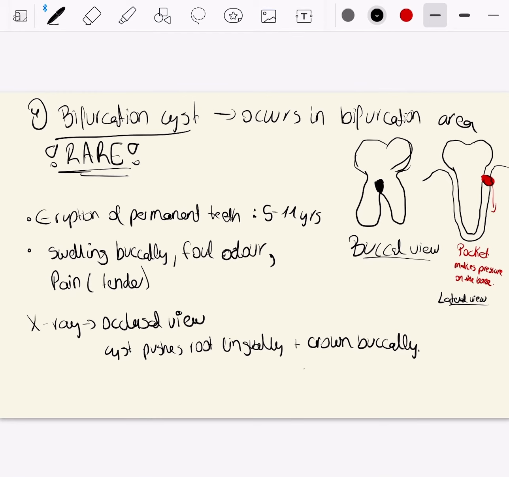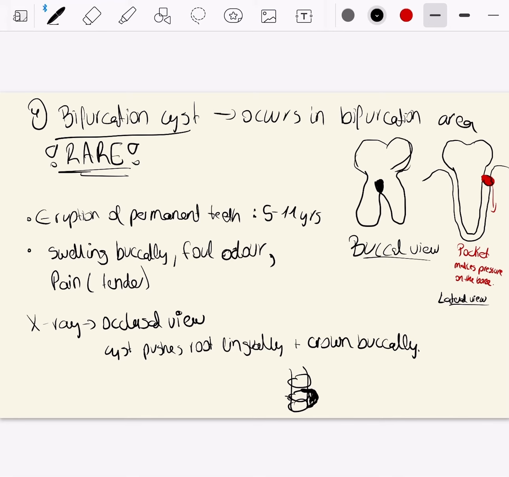So we see from the occlusal view here the molars, and then we see something like a swelling here, a radiopaque ring with a radiolucent area, and the roots are in the lingual direction, and the crown in the buccal direction.